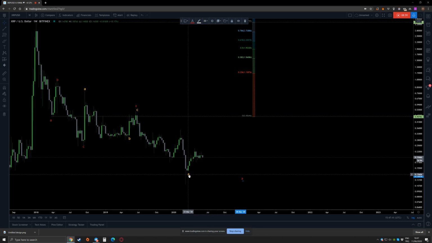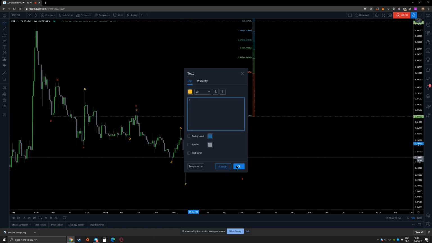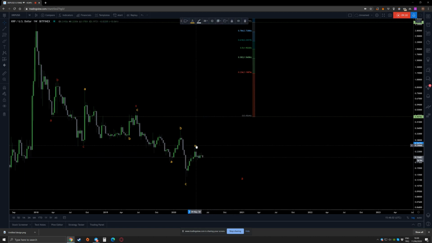So for example, let me do an example. If we have a wave A here and a wave B here and a wave C here, and it looks like maybe we have a wave X here, and then we will have another correction.